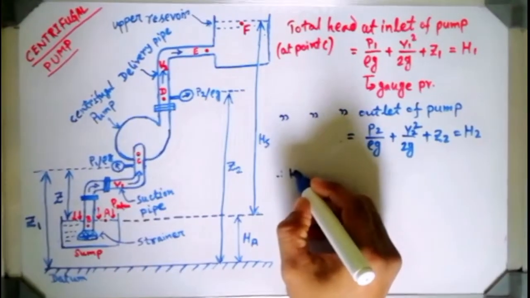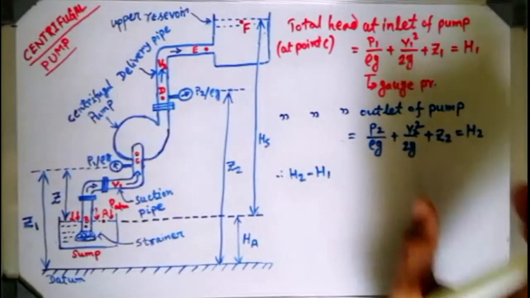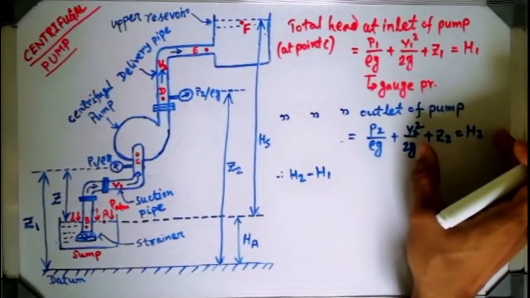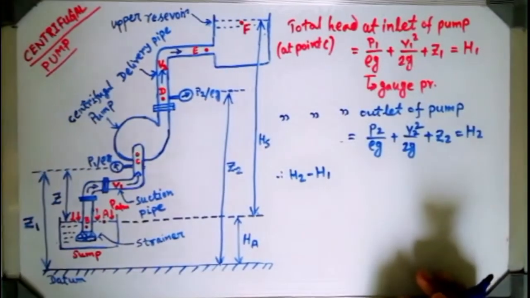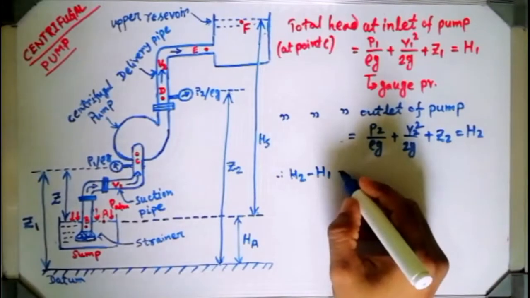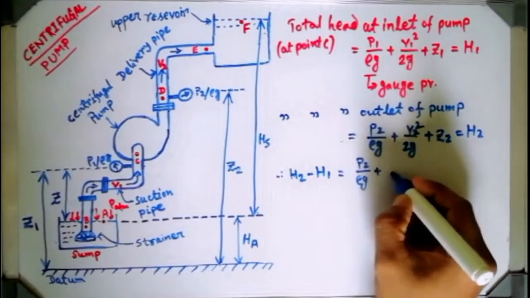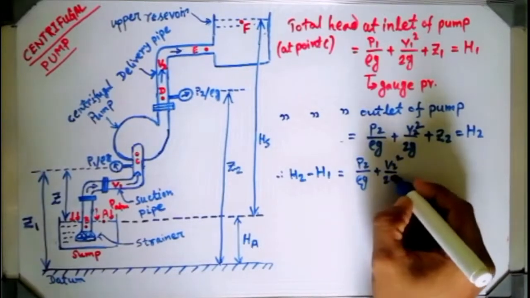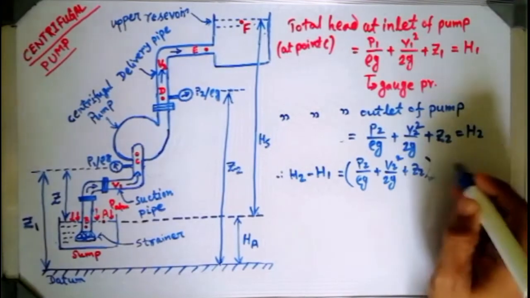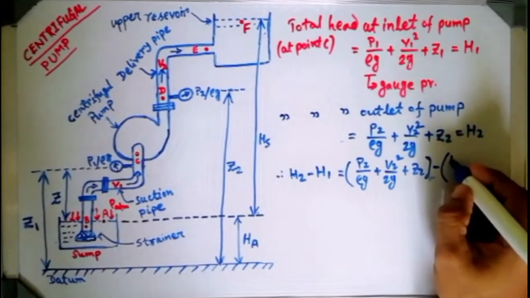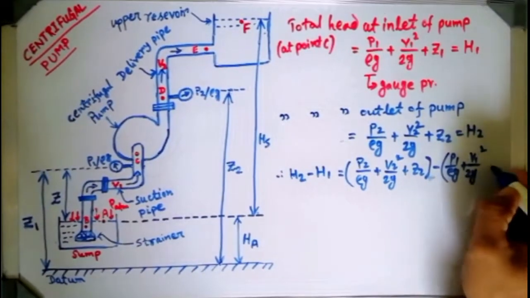Now if we evaluate H2 minus H1, that means total head available at the outlet of the pump subtracted from total head at inlet of the pump. So if we write this expression, it will be P2 by rho g plus V2 square by 2g plus Z2 minus the whole part P1 by rho g plus V1 square by 2g plus Z1.